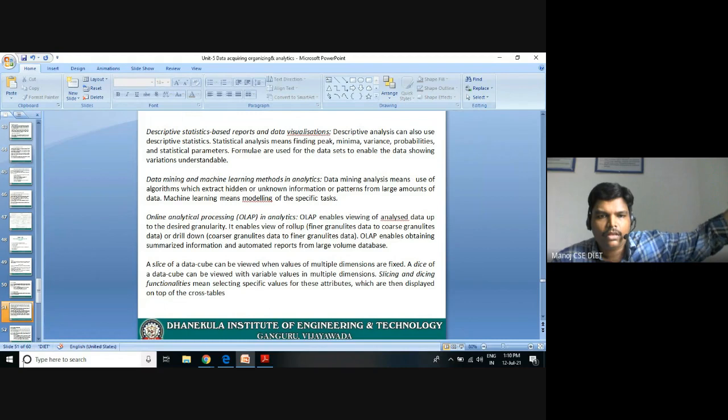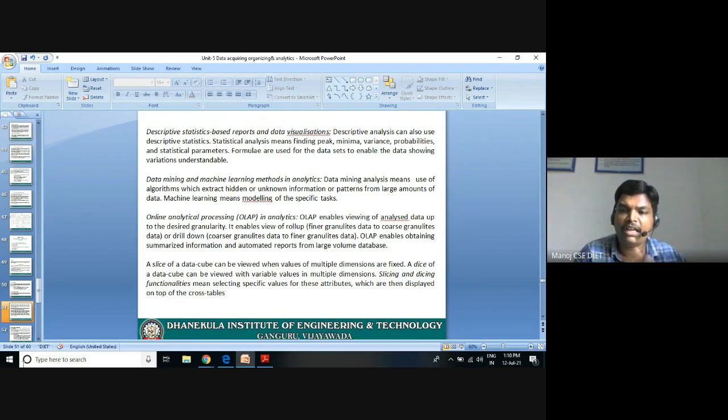Okay, so a slice of a data cube. A slice of a data cube can be viewed when the values of multiple dimensions are fixed. Just assume that there is a data cube, and one slice of it can be viewed when values of multiple dimensions are fixed.